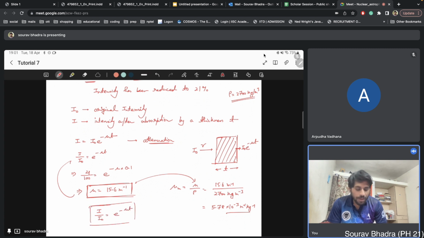If you want to get 99% of the detected photons, then I by I0 will be 99 by 100. You have calculated mu, so t is the only unknown in this equation. From that equation you can calculate what the thickness of the backing material should be, so that we get most of the gamma rays produced by the reaction.